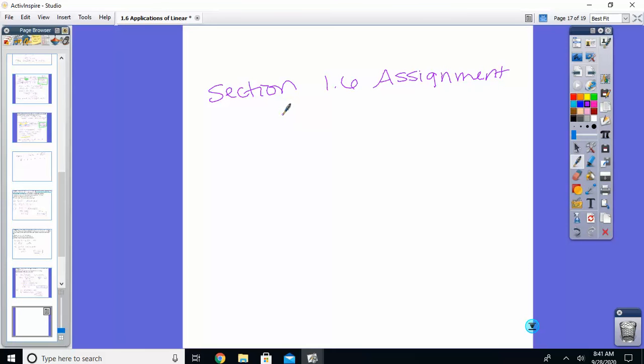Today we are ready for 8 through 11. The first one is an interest problem, and then 9, 10, and 11 are like these linear ones that we were doing. So we've got time to work on that and ask me questions.